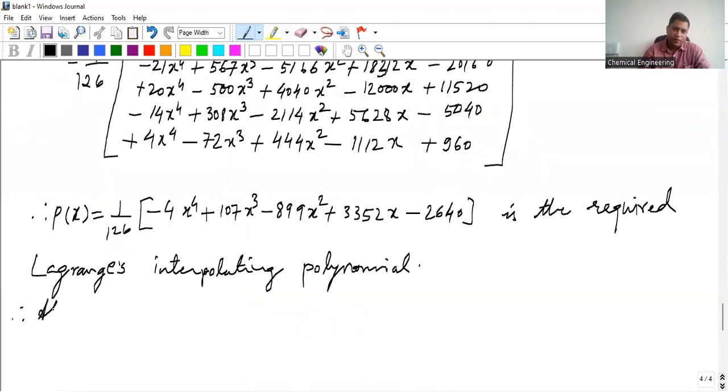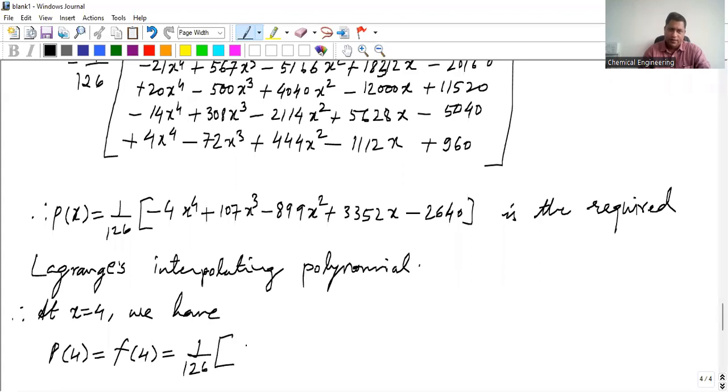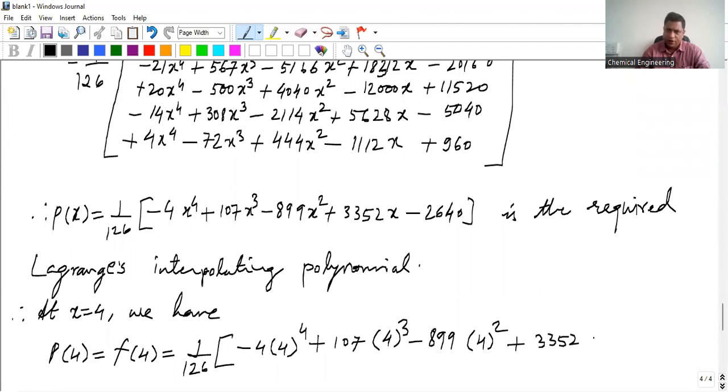So at x is equal to 4, f of 4 is equal to 1 by 126 times minus 4 raised to 4 plus 1077 times 4 cubed minus 899 times 4 square plus 3352 into 4 minus 2640.